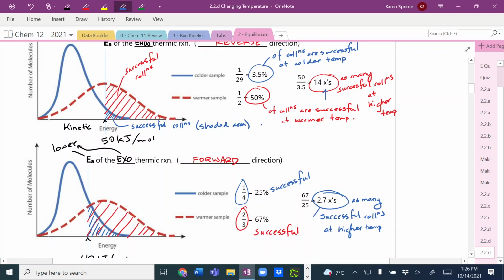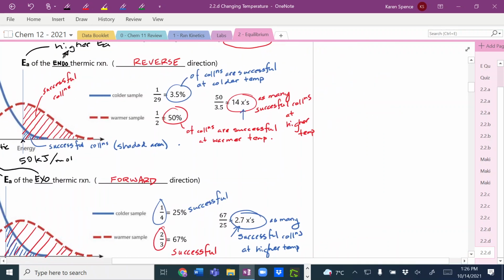Whereas with this one, we only got a 2.7-time multiplier. Now, am I ever going to make you draw these diagrams and approximate? The answer is no. You do not need to be able to do this.